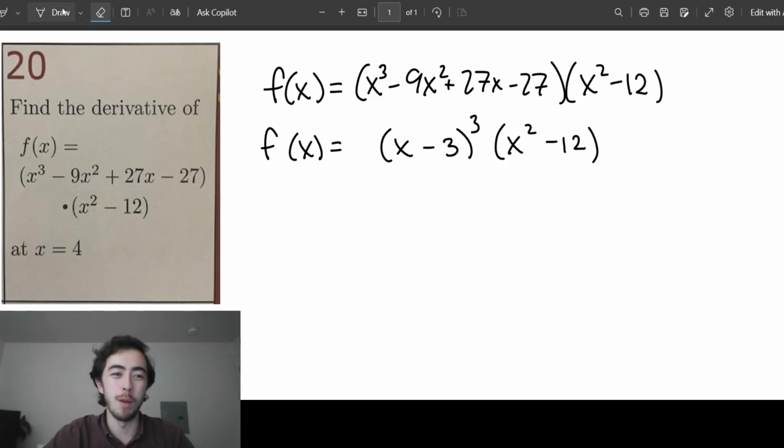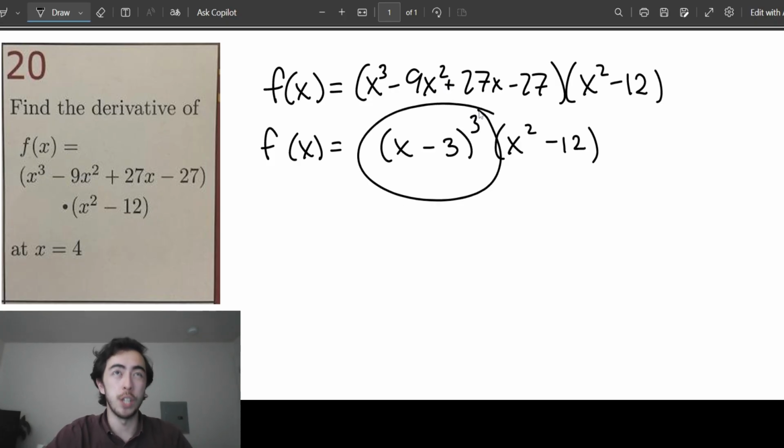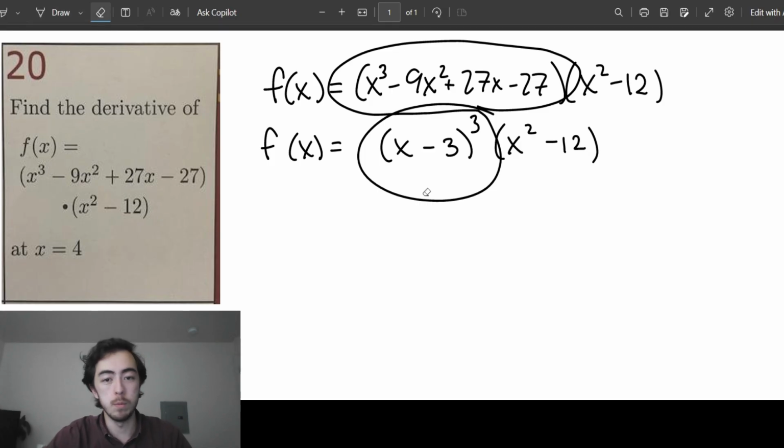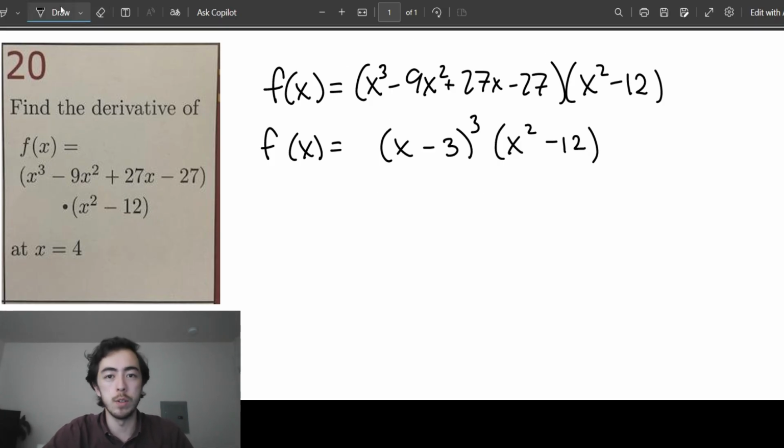The only reason why I'm doing this is because to me it would be a little bit easier to use the power rule and the chain rule to find the derivative of this factor instead of using the power rule 4 times. So just a preference thing. I didn't have to do it this way, but I felt like doing it.